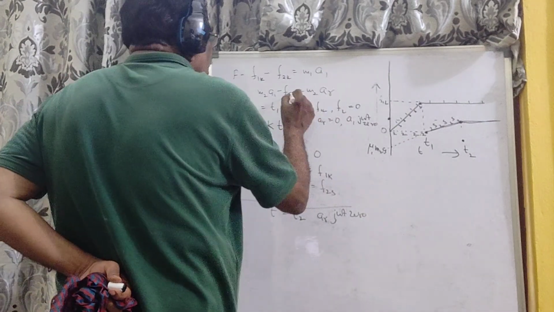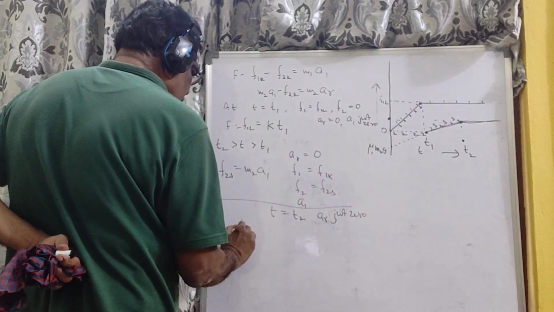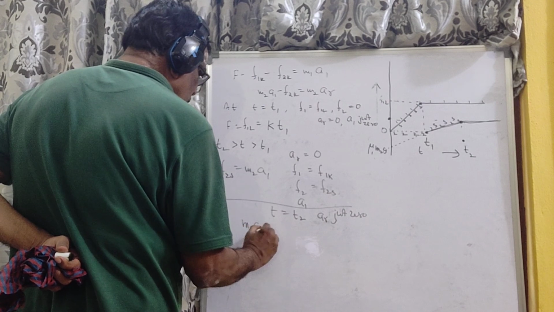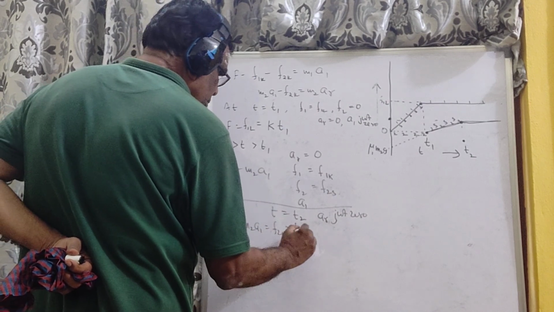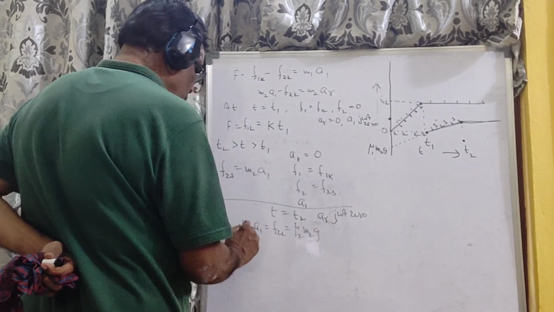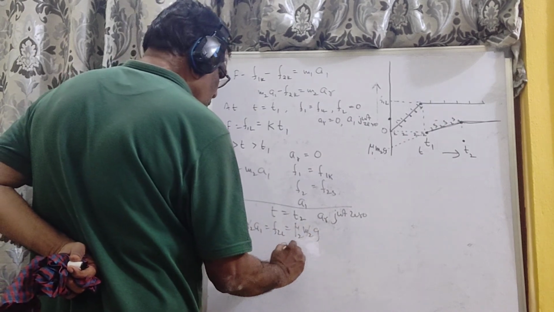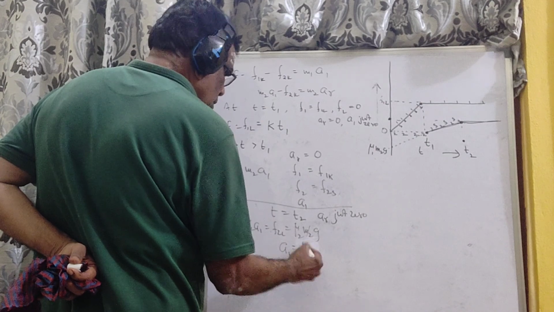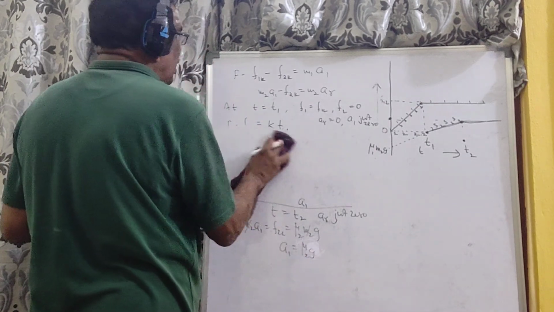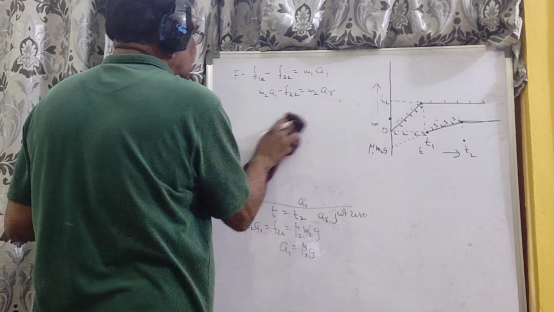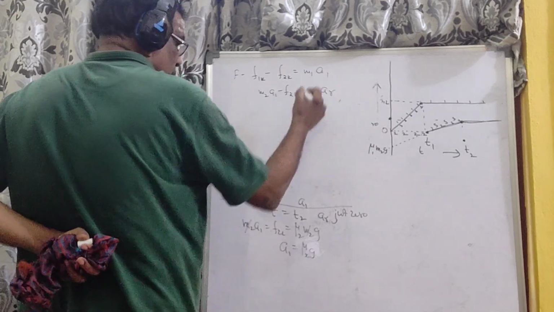So this will go, this becomes F2L. M2A1 is F2L, that is mu2N, so A1 is mu2G.